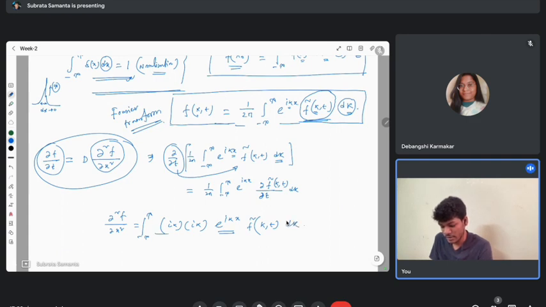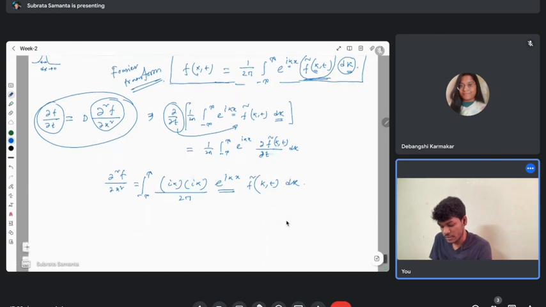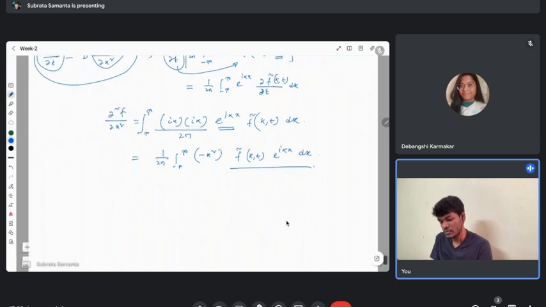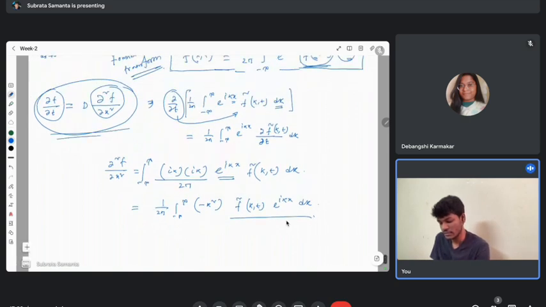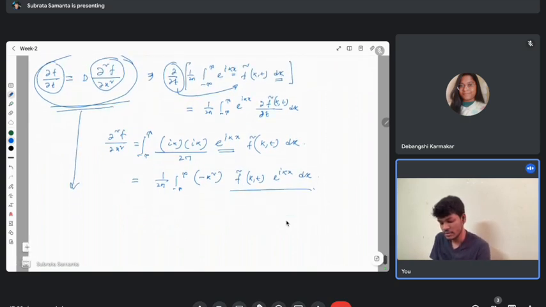There is a 1 over 2 pi factor. So it gives 1 over 2 pi, integral from minus infinity to infinity, of minus k squared e to the power ikx f tilde dk. So now we just put it into this form. These equations actually give just a two-line derivation, because e to the power ikx is there on both sides.